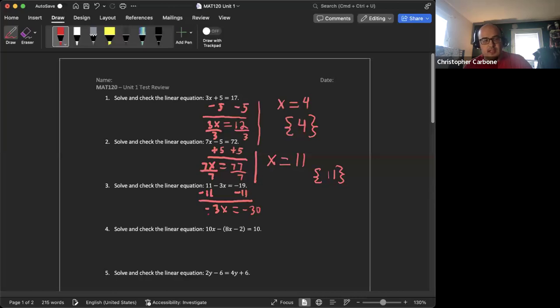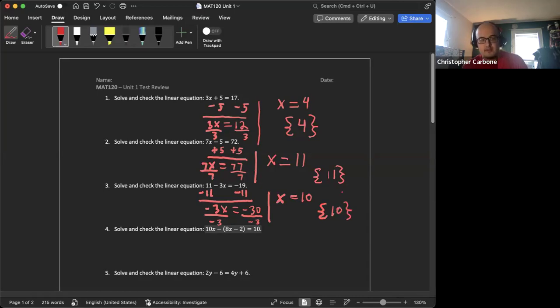And then divide by negative 3. So x for this one will be 10. And as a set, okay.